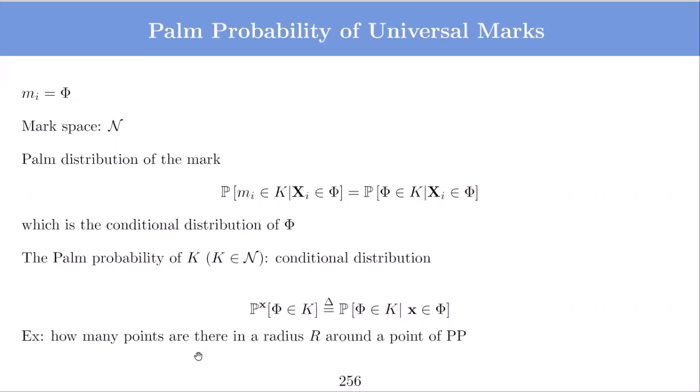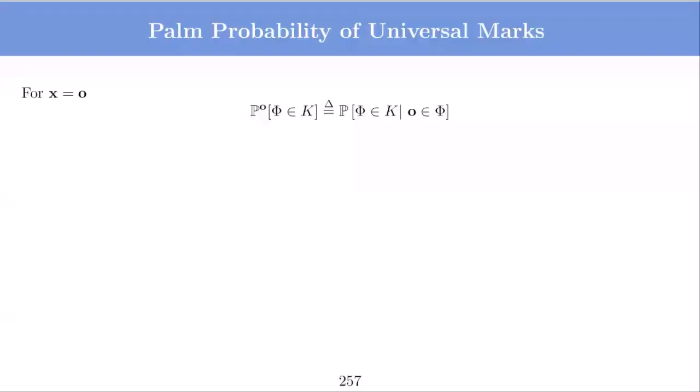You can deduce this from the conditioning on phi: what phi would be says that it will have these many points, so from that you can compute K. Instead of a general x, we can just also take the origin O. So this will be the probability P_0, conditioned on the origin belonging to the point process, that there is a point at the origin.